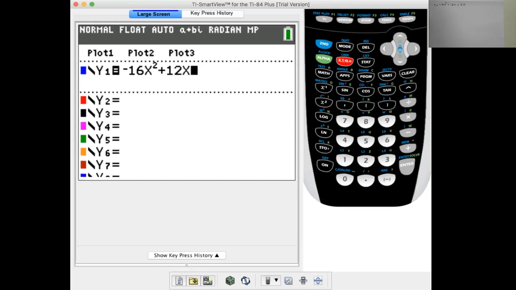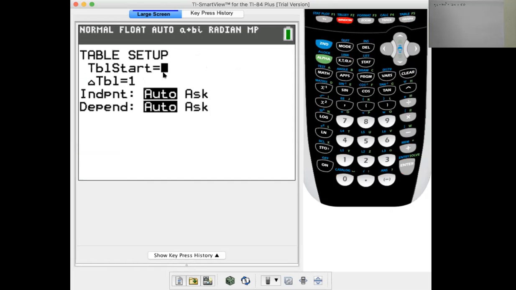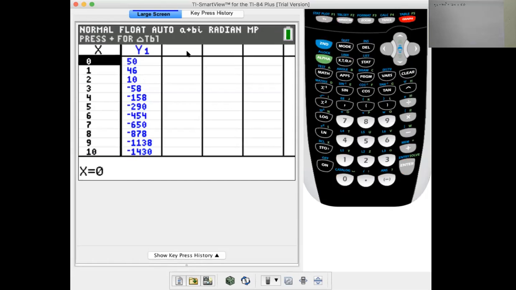Let's try that again. Again, second table set, you always start there to see where you want to begin. I'll begin at 0, going up by 1, and then second table. At 0 seconds, 50 feet high, 1 second, 46, as we said, 2 seconds, 10 feet high, between 2 and 3 seconds, it hits the ground. We're going to want to find that as well.